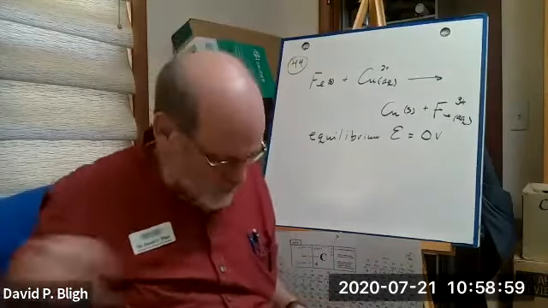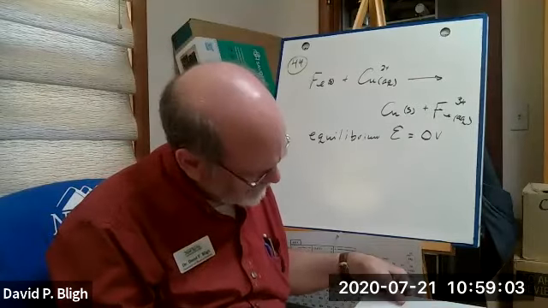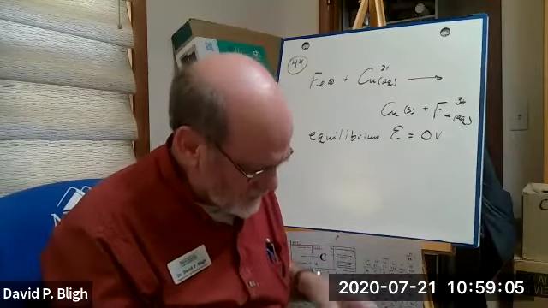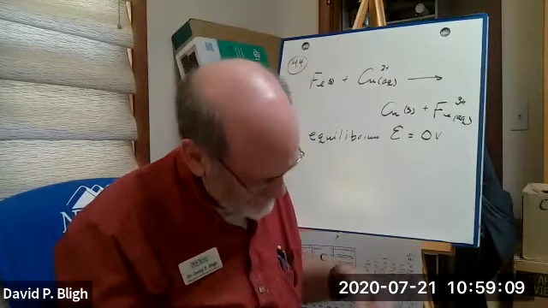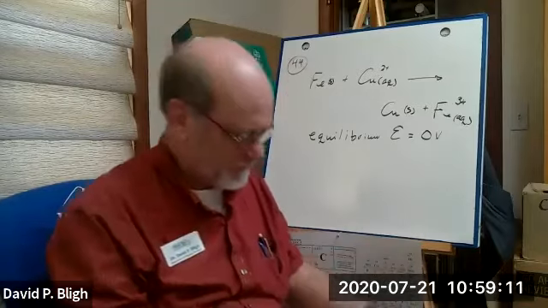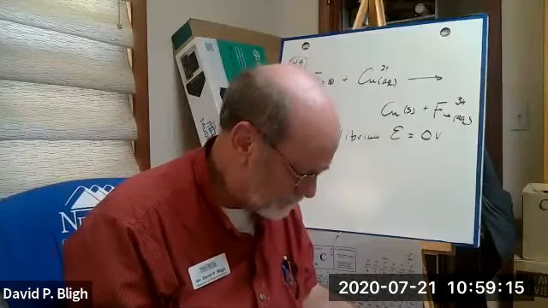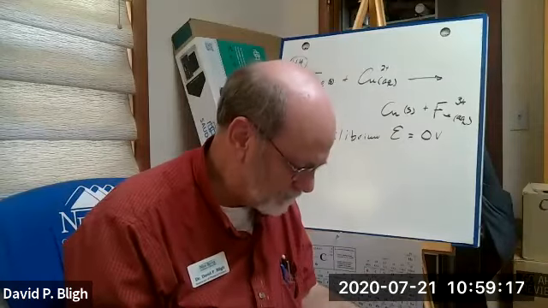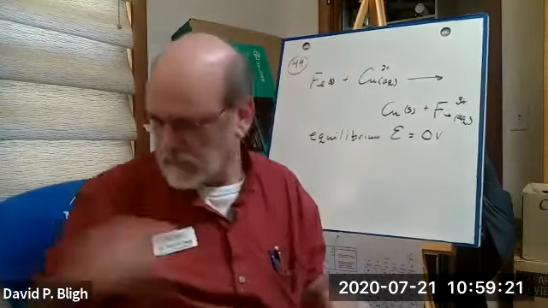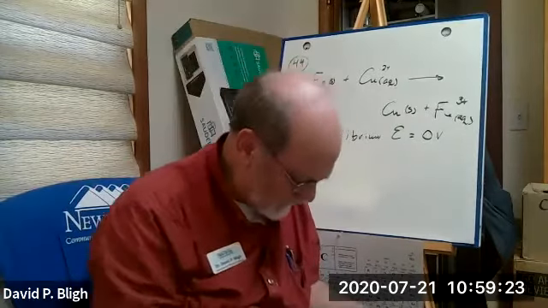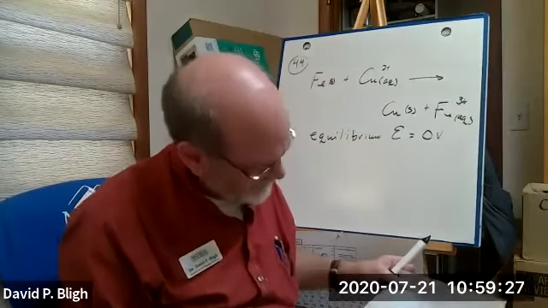Okay, now let's get to an electrolytic cell and do one of those calculations. And let's see. If we have time, we'll come back to that one. Well, where did it go?